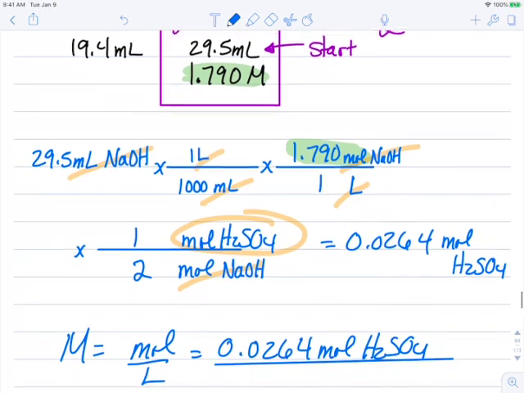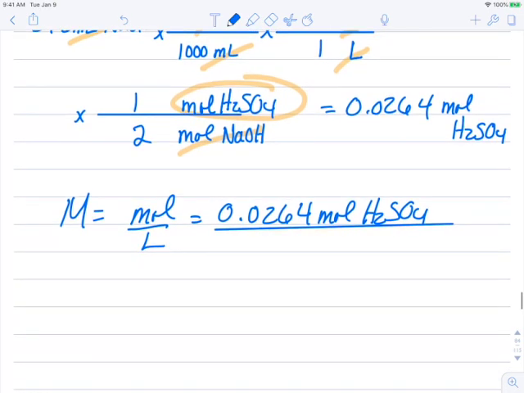All right. But how do we write 19.4 milliliters in liters? Anyone want to brave what is that in liters? Yes, excellent. 0.0194 liters of H2SO4 like so.